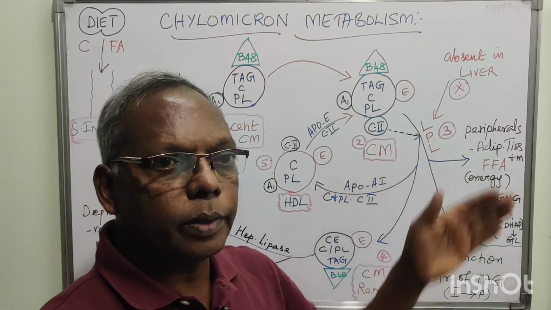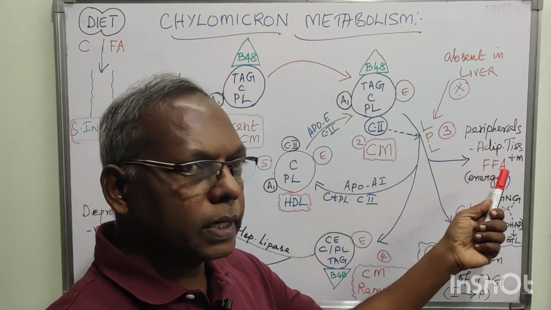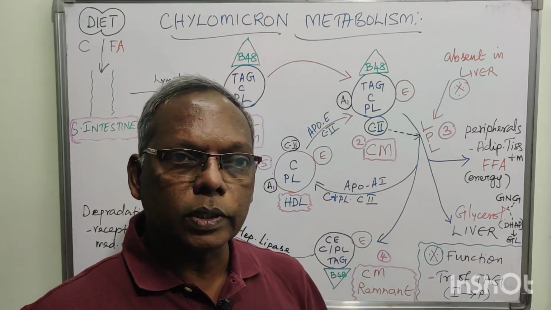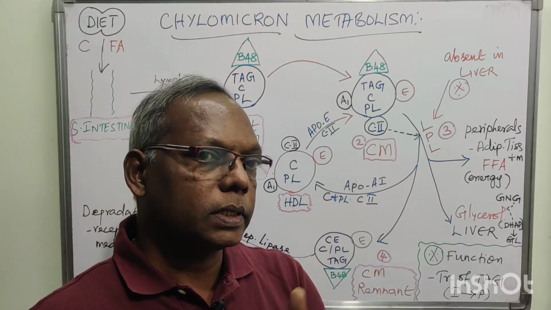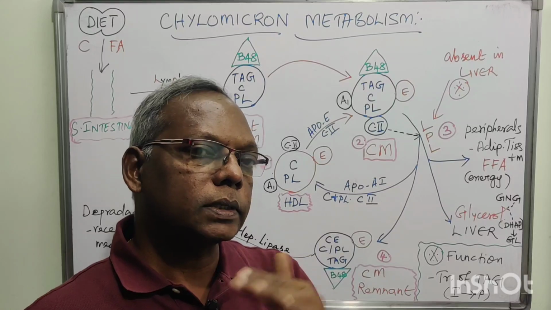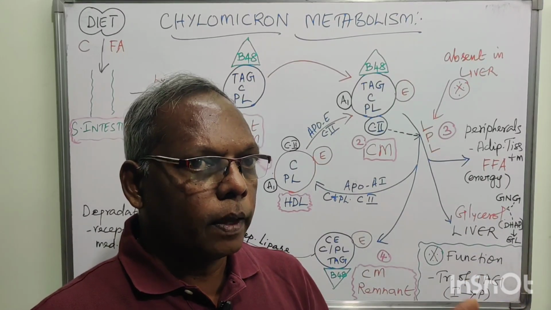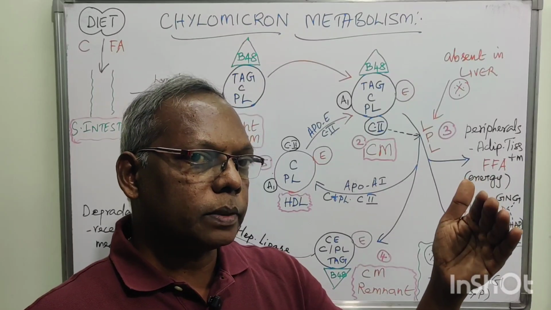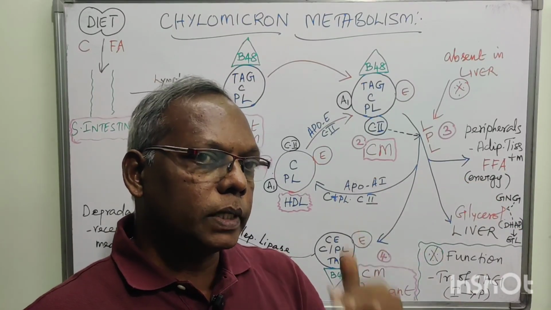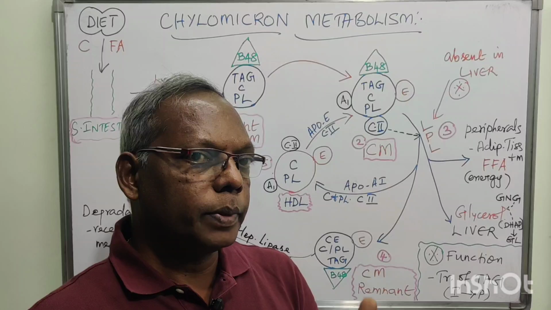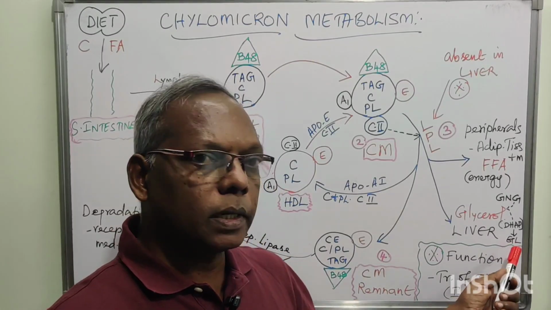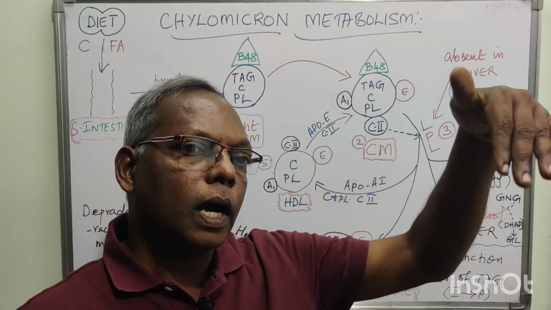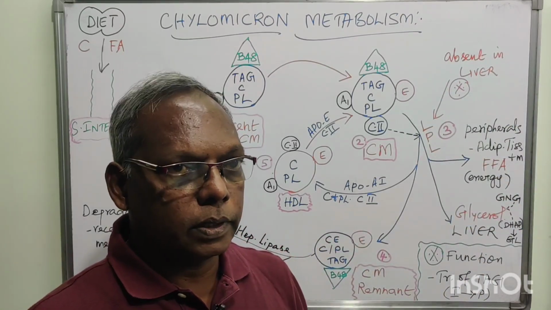These are two separate important functions. Free fatty acids give energy for the muscles, whereas glycerol enters the liver and, depending on the need, goes to either glycolysis or gluconeogenesis. If there is no glucose, glycerol is used for glucose formation by gluconeogenesis. If there is a need for ATP or energy, it is converted to dihydroxyacetone phosphate and enters the glycolytic pathway, right?